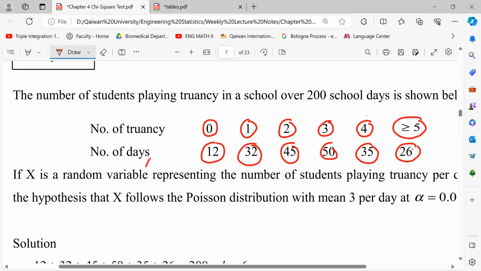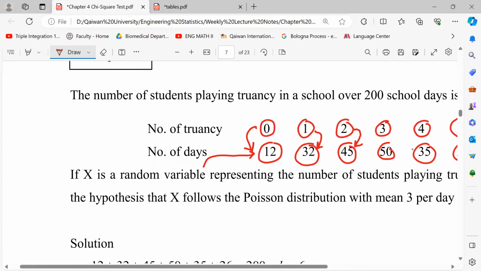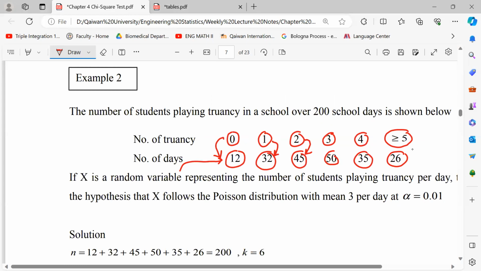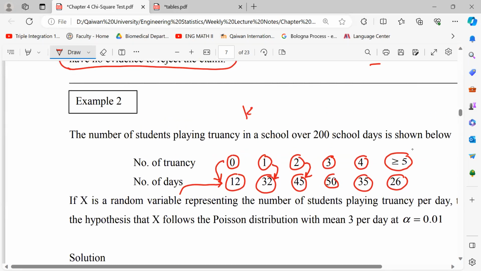These values which are given, the number of days, represent the observed frequency for each of them. For 0, the observed frequency is 12. For 1, the observed frequency is 32. For 2, the observed frequency is 45, and so on. Now, K is the number of possible outcomes, which is 6.